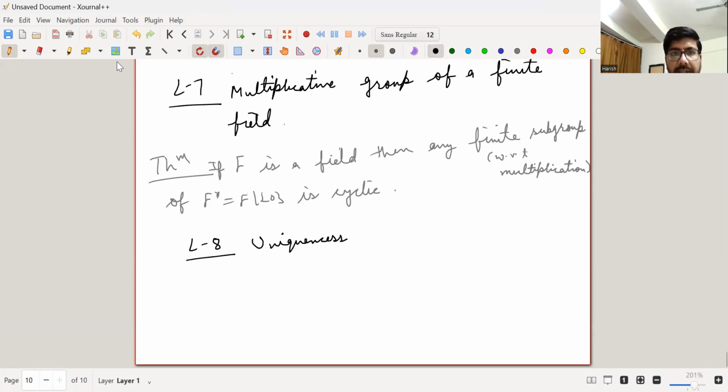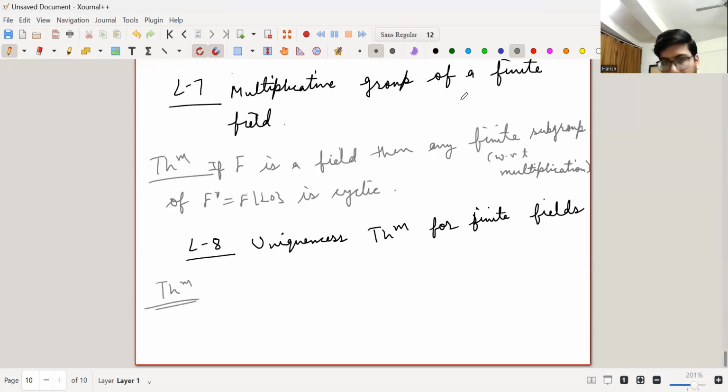So this theorem gives you the uniqueness. So this is the uniqueness theorem for finite fields. Just a single statement I will state for this lecture.